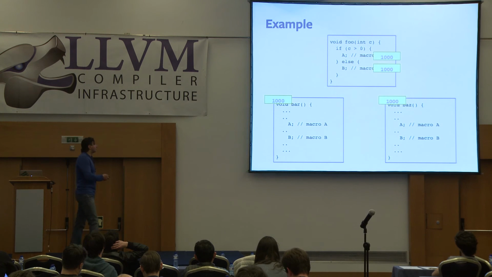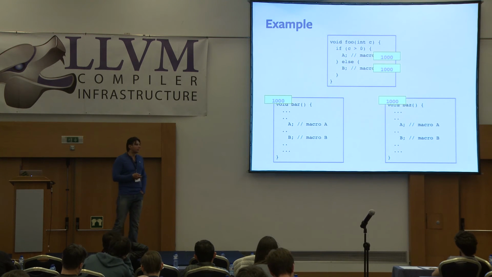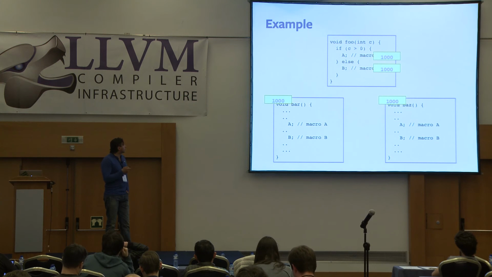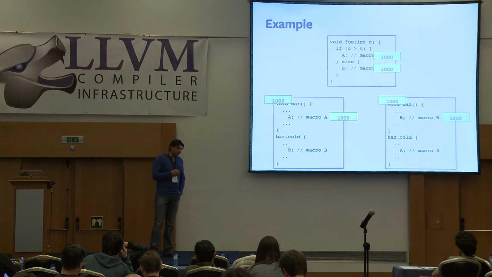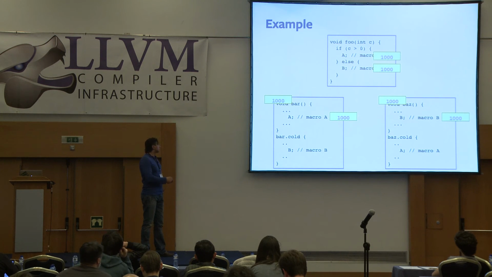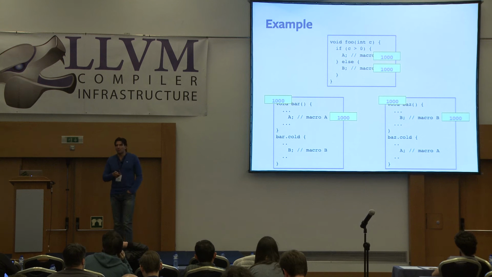So after inlining of this function, you end up with both A and B being in the body of the function bar or bars. What you really want to have as a result, and what you achieve with the binary level optimization, is that in each different case of inlining, you end up with one statement or one macro being a cold block and the other being in the main hot body of the function.